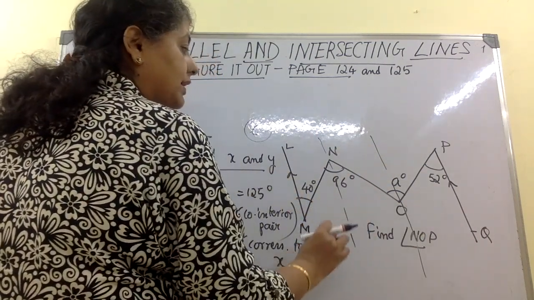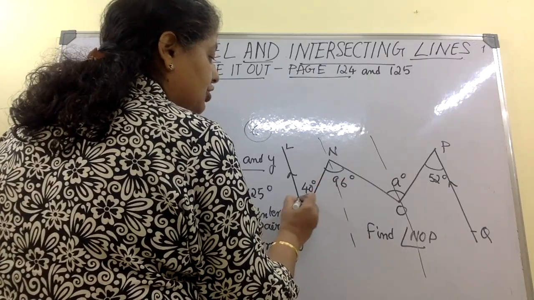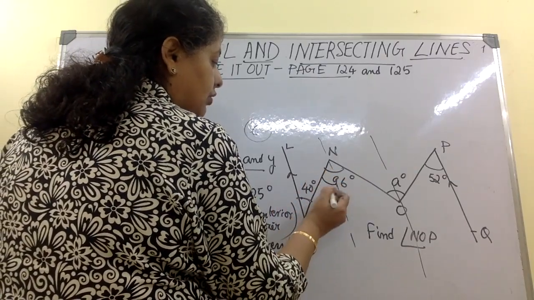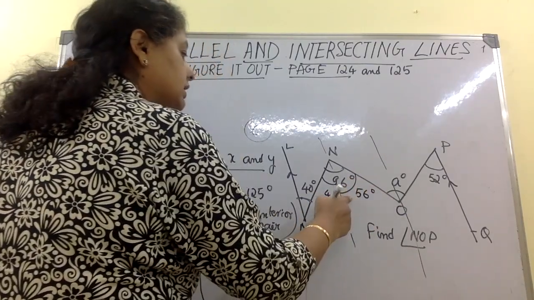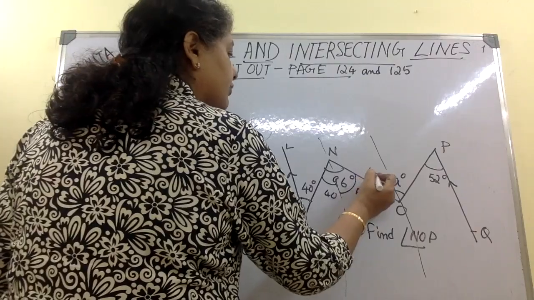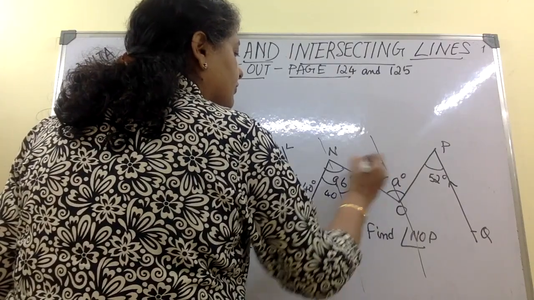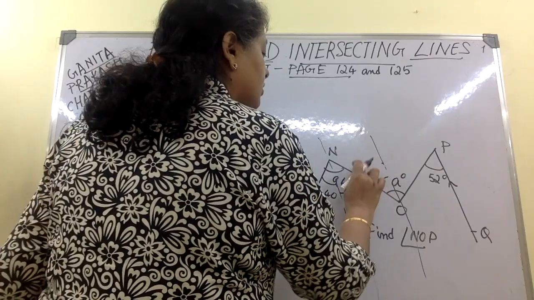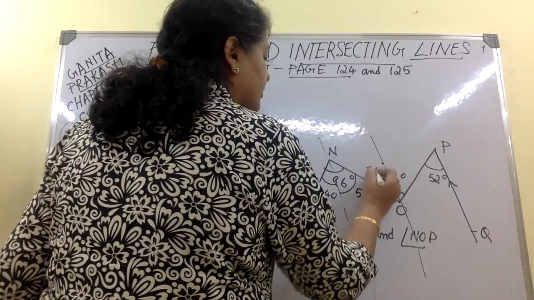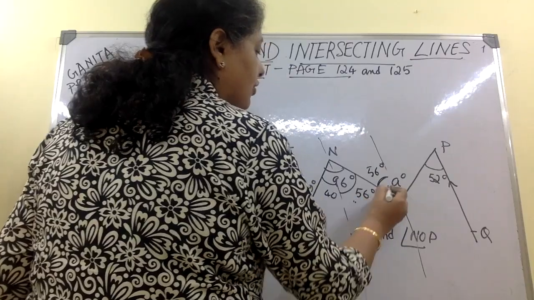Now how much do I get? If this much is 40, then this angle over here is 40. This becomes 56. Therefore, this much is 56 degrees. Why? Because of alternate angles.